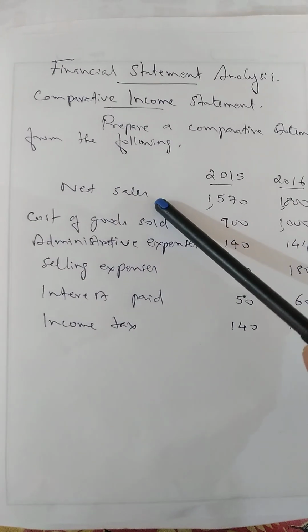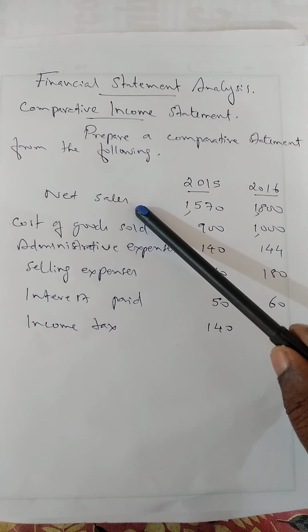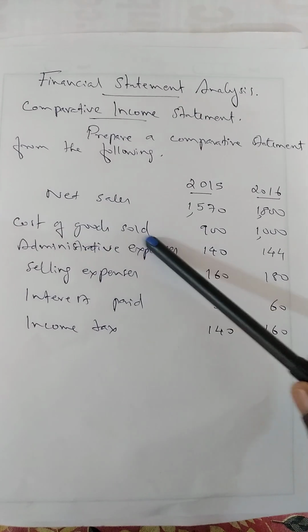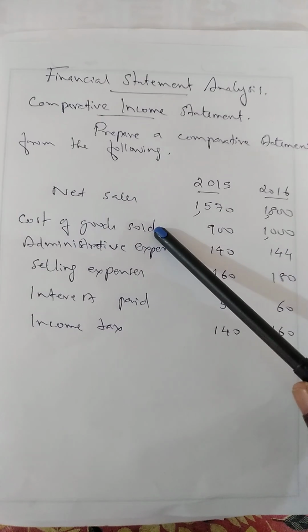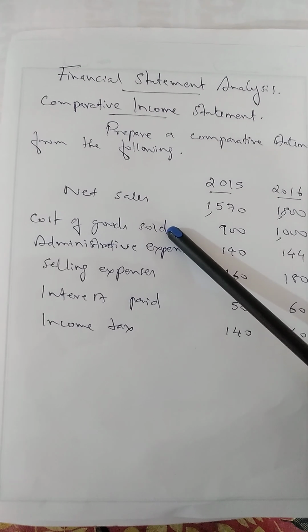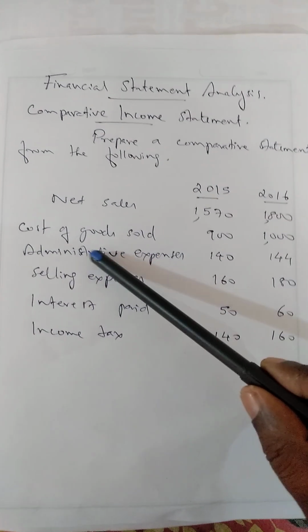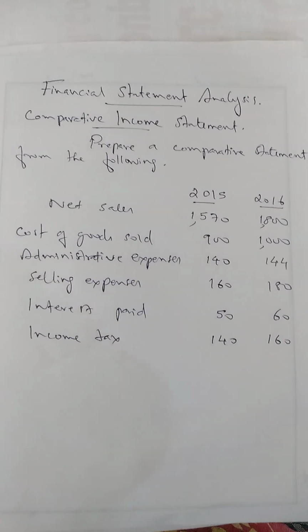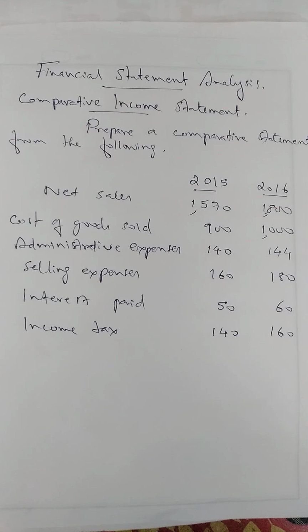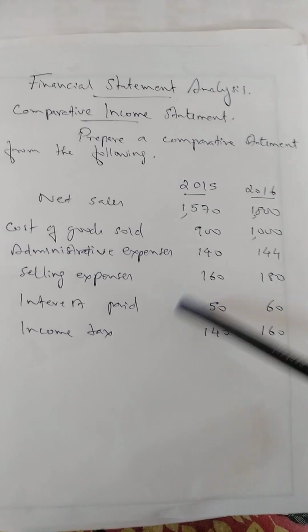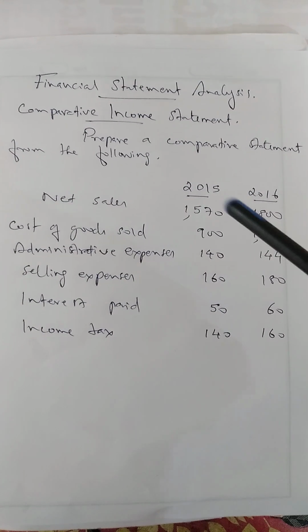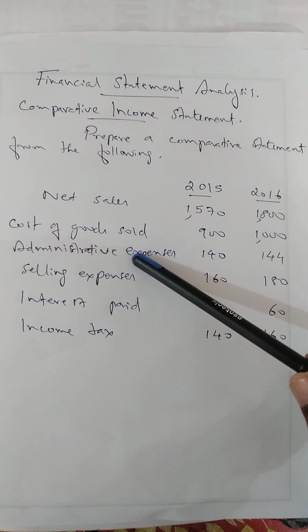We know that net sales is the income of the organization. Cost of goods sold is associated with direct expenses to be considered in the trading account. Administrative expense and selling expense are connected to the business, usually called operating expenses, because for doing business it is required to spend administration and selling expenses.